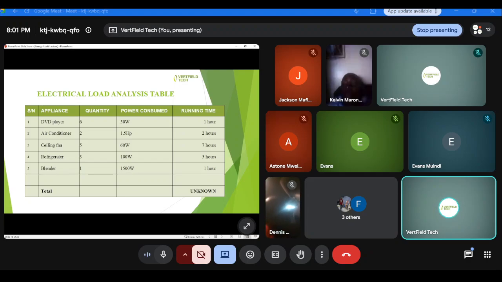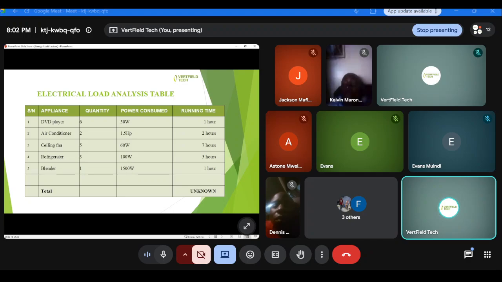For the refrigerator, the quantity is 3, the power consumed is 100 watts, the running time is 5 hours. For the blender, the quantity is 1, the power consumed is 1500 watts, the running time is 1 hour. That is the information of these various appliances. Now, how do you run load analysis on it? It is very simple. We use a formula.